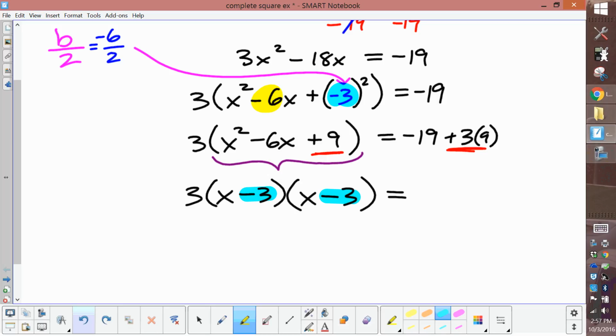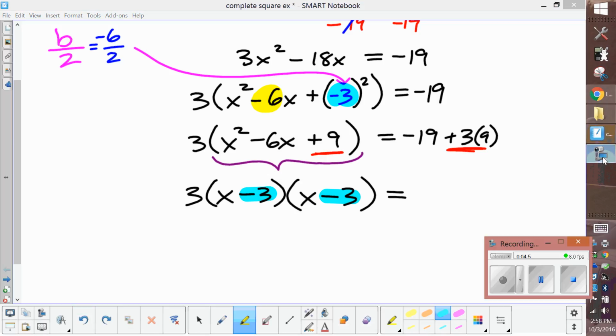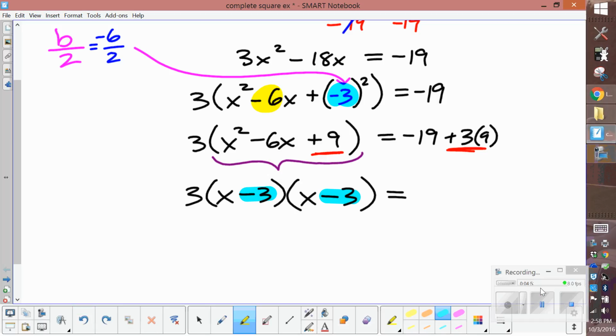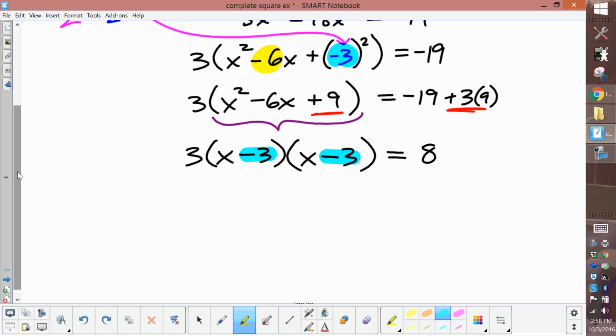And last but not least, we do need to go ahead and take negative 19 plus 27, which is 8. And then the last thing I'm going to do is finalize my answer here. I'm going to put it back in function notation.